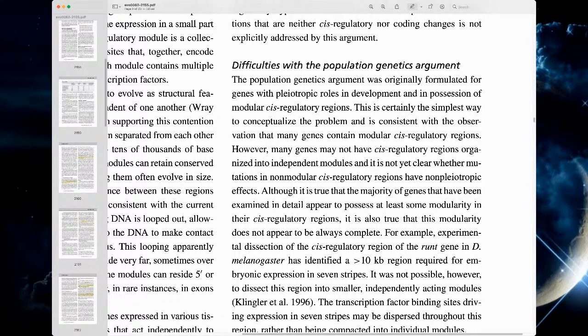However, many genes may not have cis-regulatory regions organized into independent modules, and it is not yet clear whether mutations in non-modular cis-regulatory regions have non-pleiotropic effects.